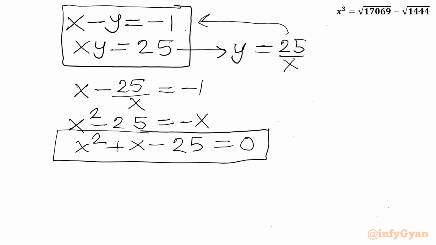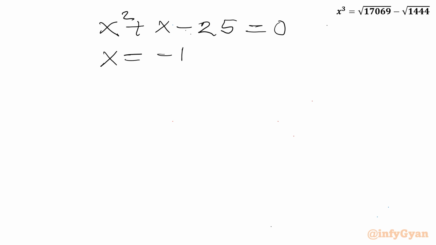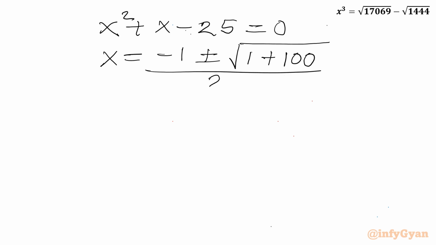So let us use the quadratic formula. x square plus x minus 25 equal to 0. So x will be equal to minus b, so minus 1 plus minus under the root b square, 1 square is 1, minus 4ac. So 4 times 25, 100, with plus sign, divided by 2a, so 2 times 1, 2.